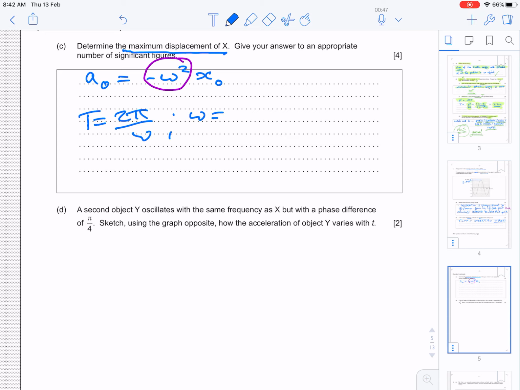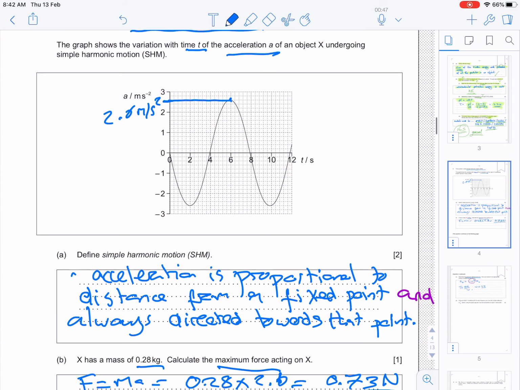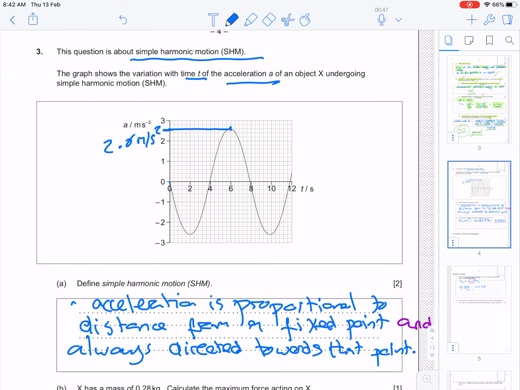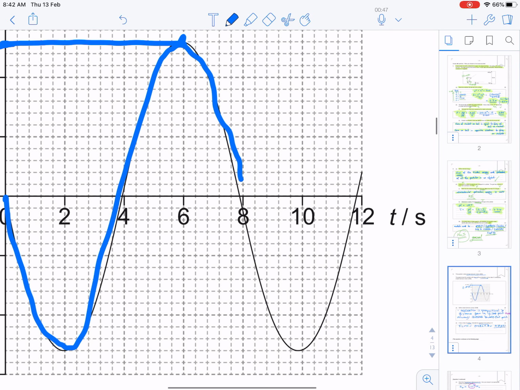So omega is 2 pi over T. Now T is going to be our value for the time period, and you can see here this is one oscillation, and it comes in just between this point here and this point here.